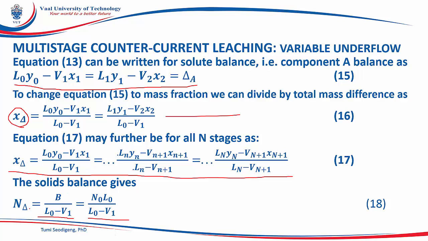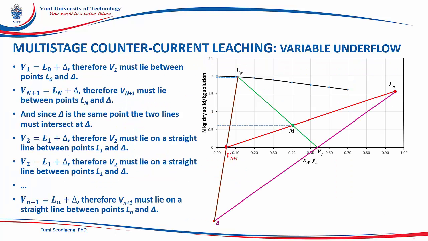Okay, remember now, if we have X delta and N delta, we have the coordinates for positioning point delta on the operating diagram, which is the diagram of N versus Y, X. The operating point delta on the N versus X, Y diagram can be located at the coordinates X delta and N delta, which we have calculated in the previous slide as shown here.